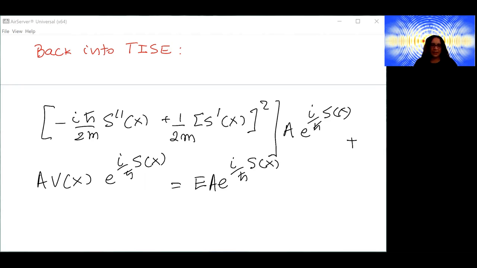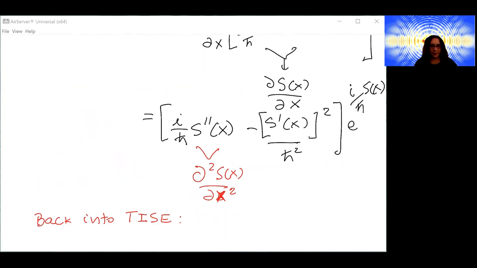Okay, so this bit is associated with the p²/2m part, the kinetic energy part of your Hamiltonian. This is associated with your potential. Notice that the potential depends on x. And here is the right-hand side of the time-independent Schrodinger equation, which is dealing with the energy of the particle.